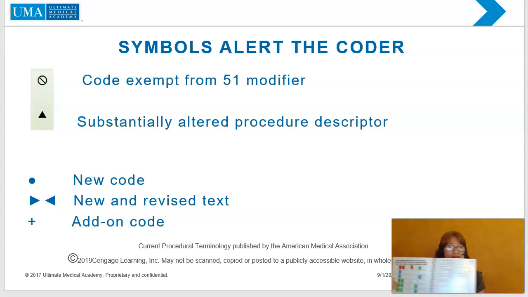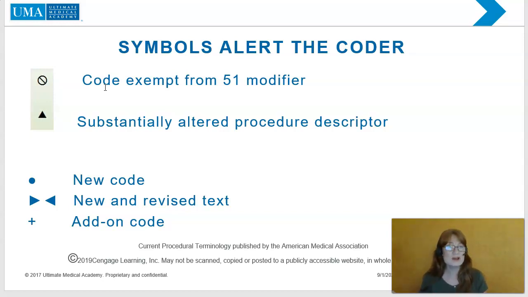These symbols are telling us that there's something unique about the code. For example, the symbol with the 0 and a line through it is letting us know that that code is exempt from modifier 51, which means we can't use that modifier 51 with that code. It'll all make sense.